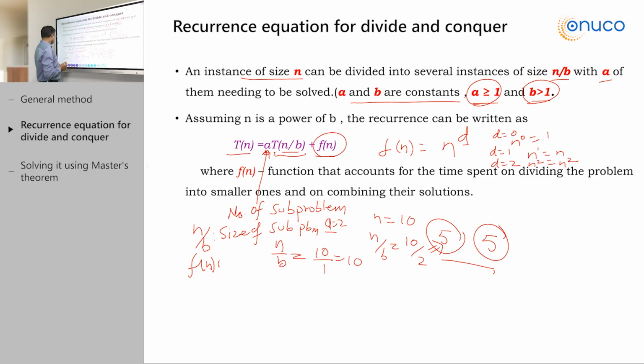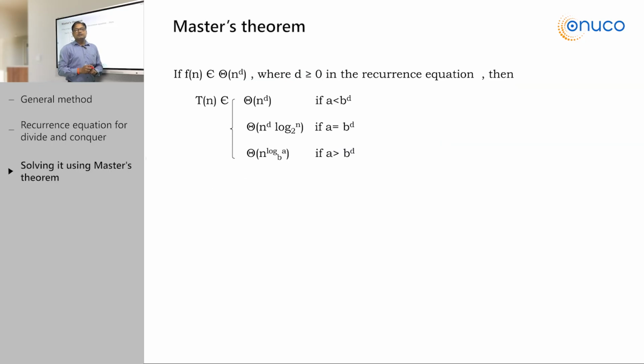Now next, we are going to discuss a very important concept called Master Theorem. Why Master Theorem? Remember that Master Theorem is used to compute time complexity for given recurrence relations. But what is the condition? You cannot apply Master Theorem to all recurrence relations.